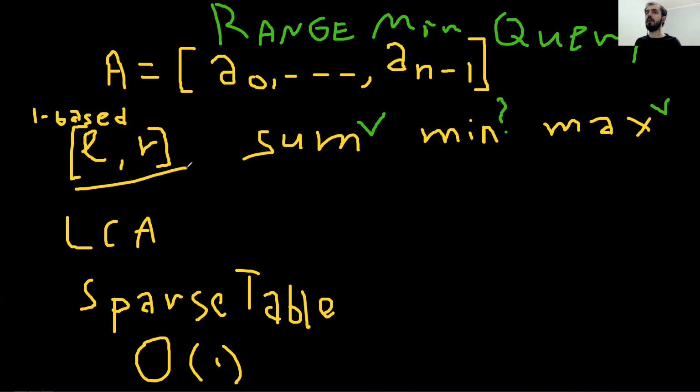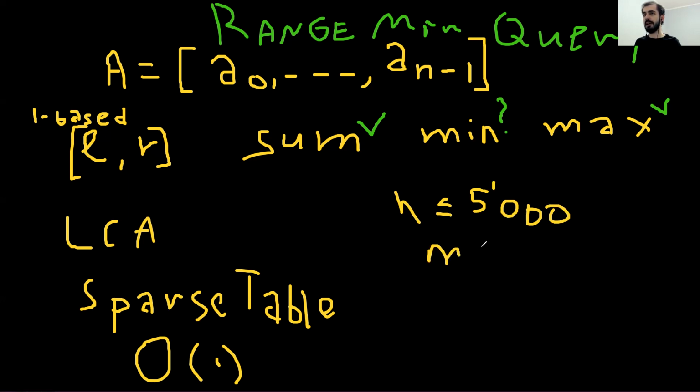I mean, you can always just loop through this interval. If the intervals are small on average, then you're fine, right? But how small exactly should they be? Literally 10 minutes ago, I was solving a problem that did not require any range minimum queries data structure because in my problem n was up to 5,000, and I had at most 5,000 queries.